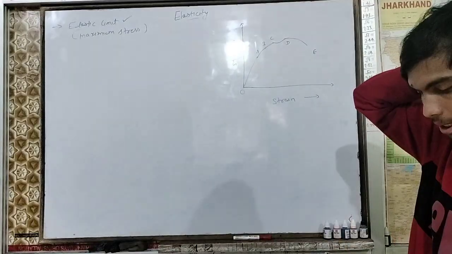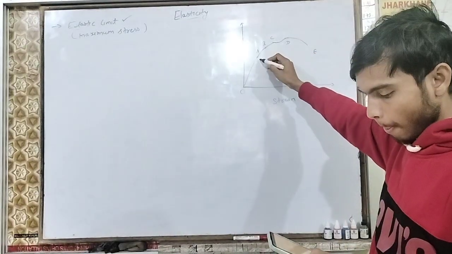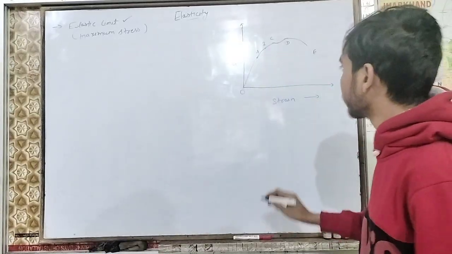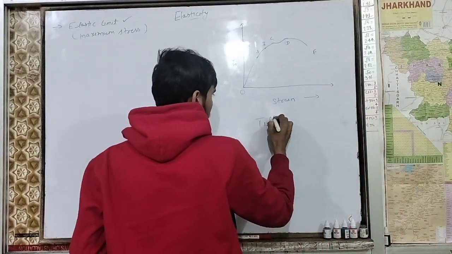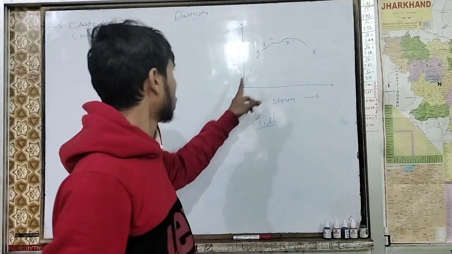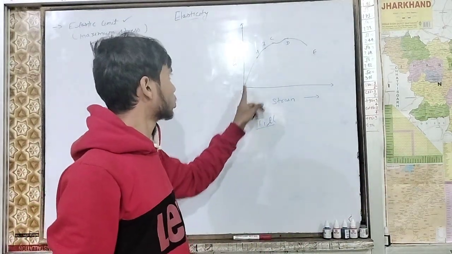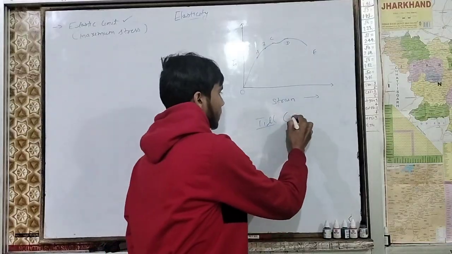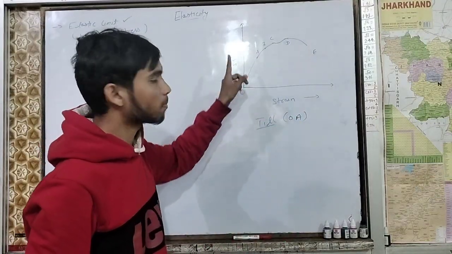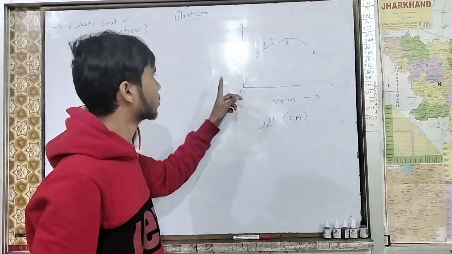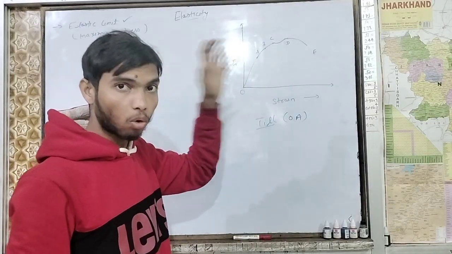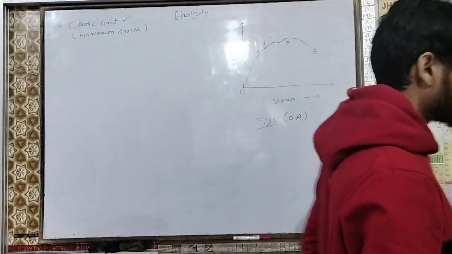Till A, stress is directly proportional to strain, from O to A. It means this is a straight line. Constant.